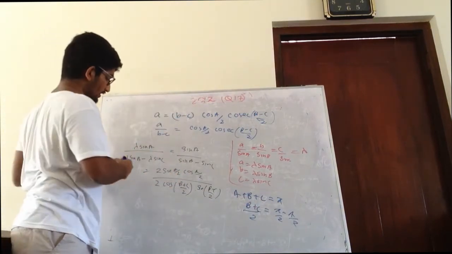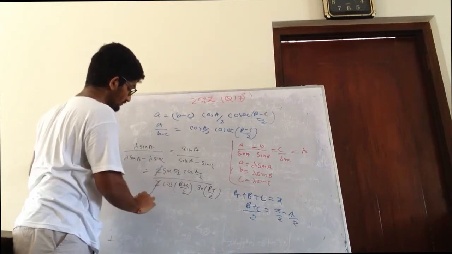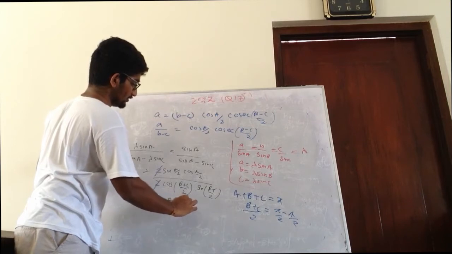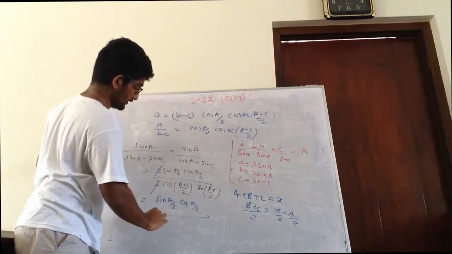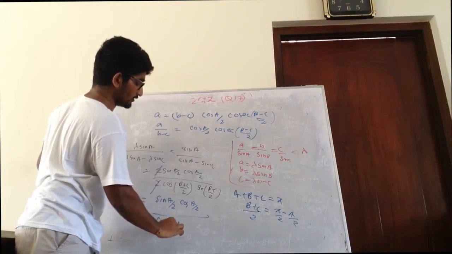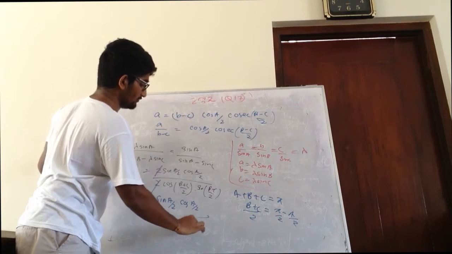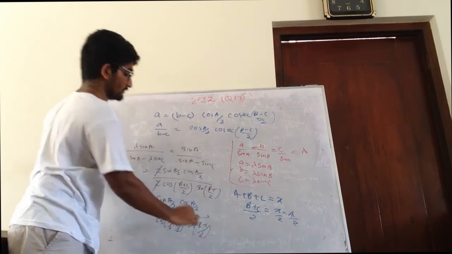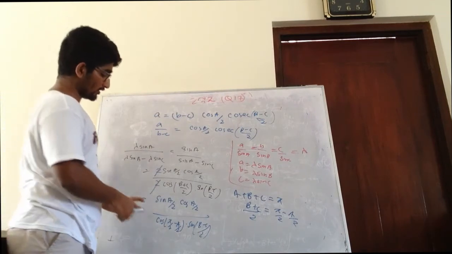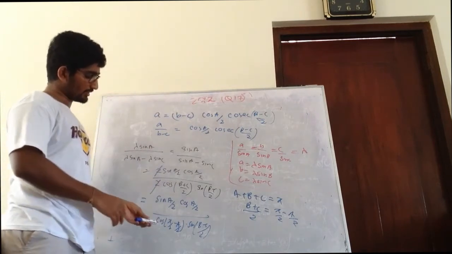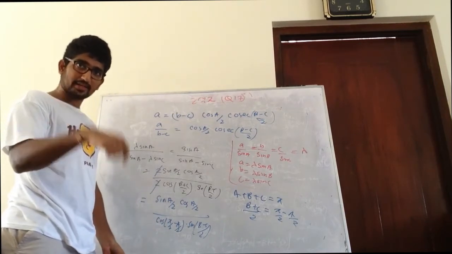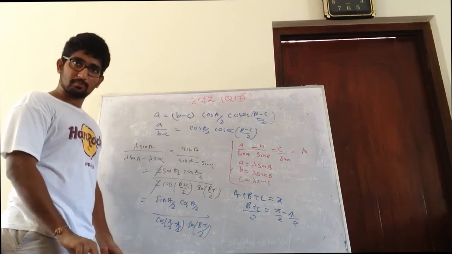So I can cut these two off. I'll get sin A over 2 cos A over 2 over cos (90 minus A over 2) sin (B minus C) over 2. Correct, no? Then what? Now cos of 90 minus something is what? Something sine. Remember?